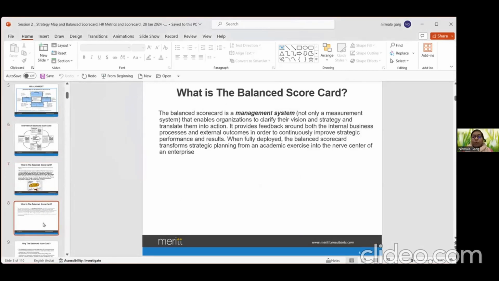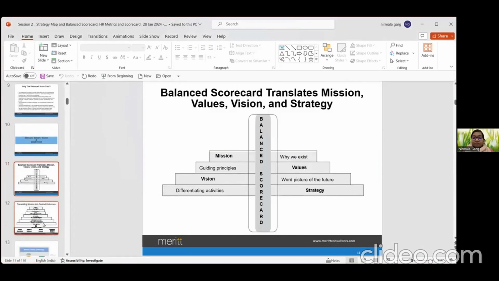I just spoke about what a balanced scorecard is. Now, to build a balanced scorecard, you have to understand the mission, vision, and the values of the organization.